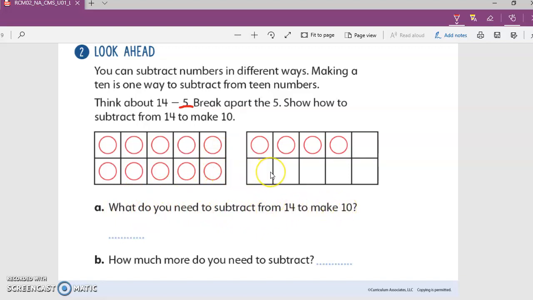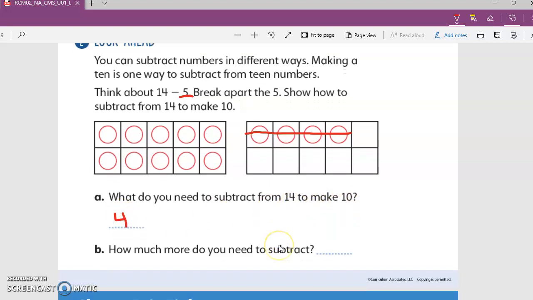When you have them in 10 frames, it makes it really easy because when I have this full, I have a 10. So whatever is over here is what I have to subtract. So I just need to subtract all of these, which is 1, 2, 3, 4 circles. So we need to subtract 4 to make 10.